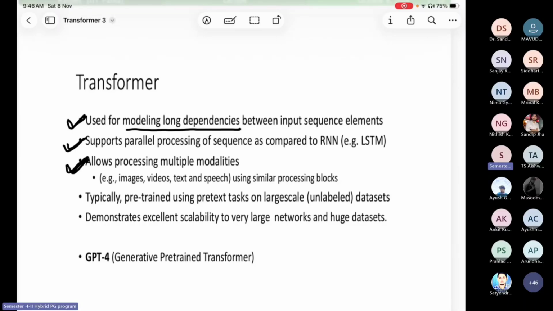In the case of transformer the main thing is that it needs information in a particular structure. If you are giving in that structure, then transformer can accept it easily.